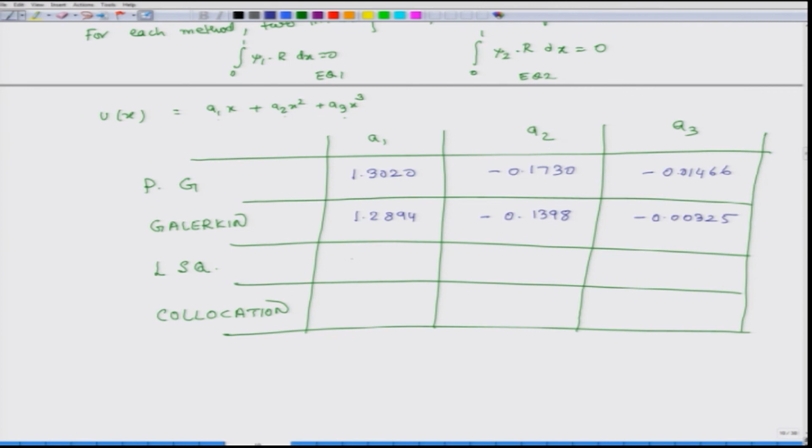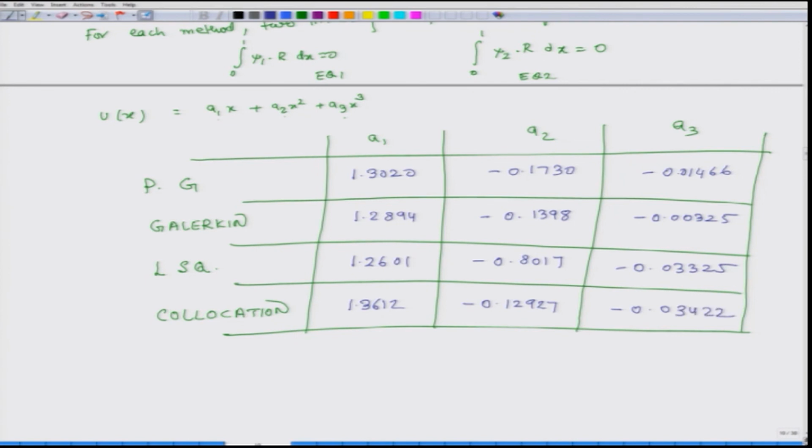Okay. For least squares, I am getting 1.2601, minus 0.8017, minus 0.03325, and the collocation method gives us 1.3612, minus 0.12927, and minus 0.03422.